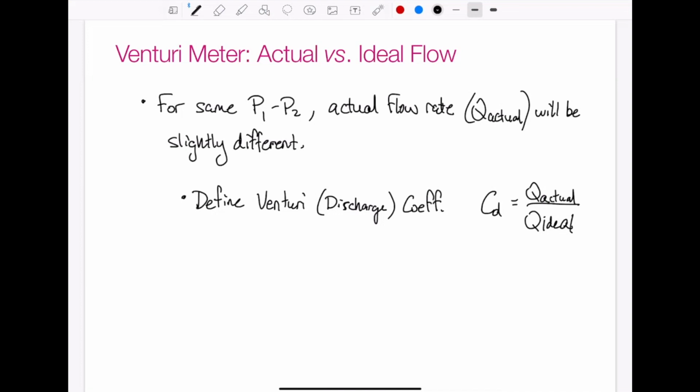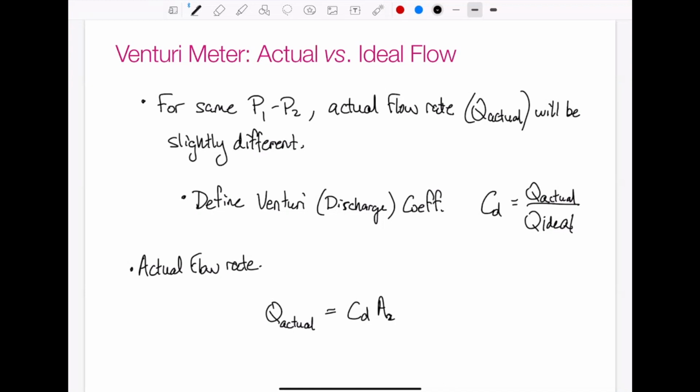So if we do this, then we can rewrite the actual flow rate equation as Q actual is equal to our discharge coefficient times the area of section 2.